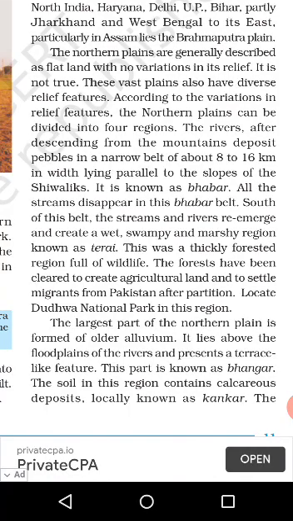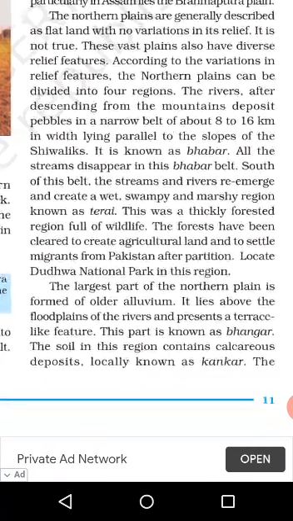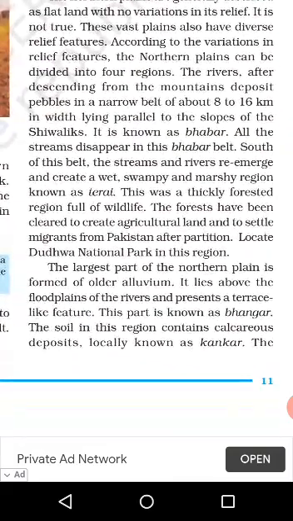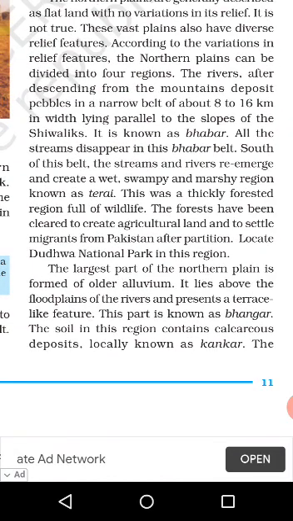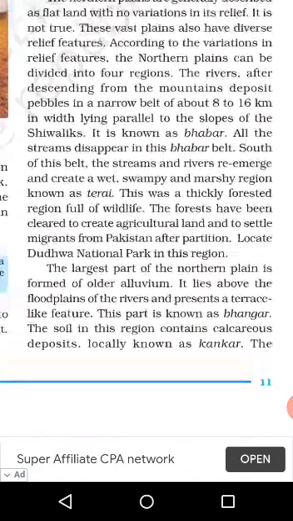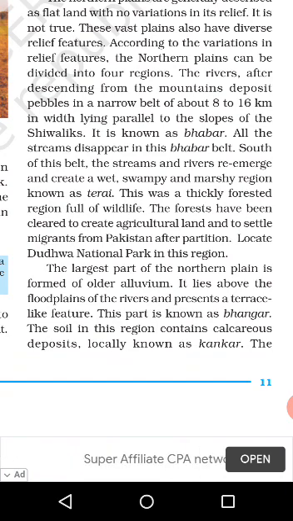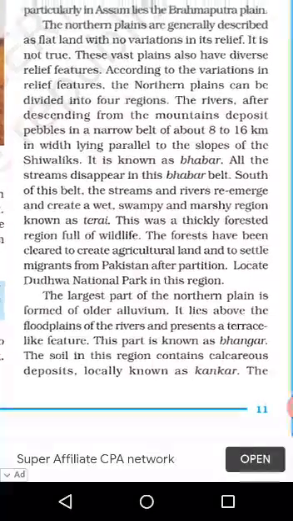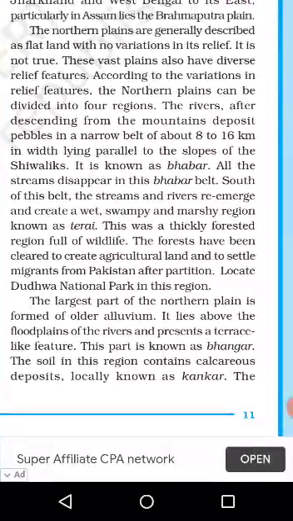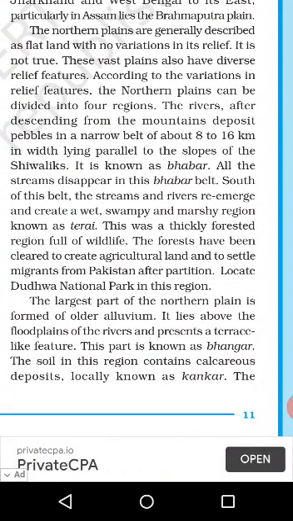So what is Bhabar? Just parallel to the Shivalik, where the streams disappear, this zone is known as the Bhabar belt. South of this belt, when the streams re-emerge, that area is wet, swampy and marshy, and this region is known as Tarai. This was a thickly forested region full of wildlife.